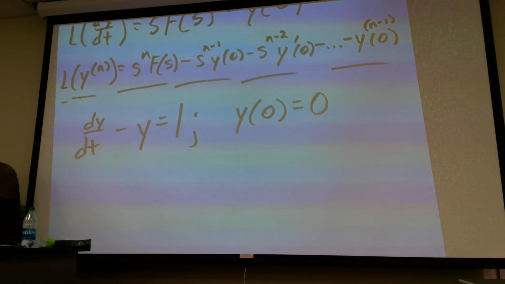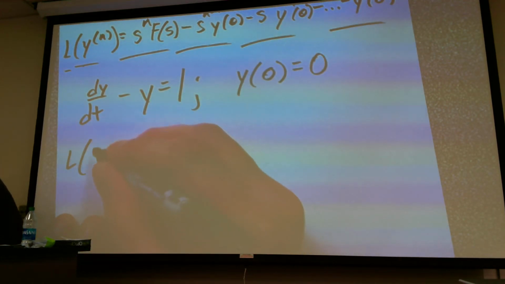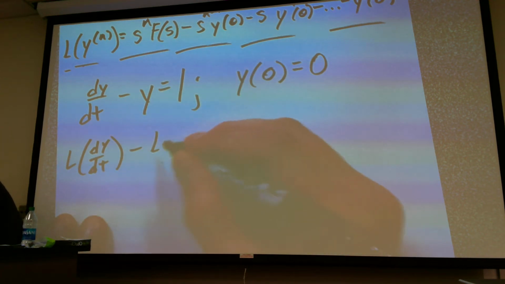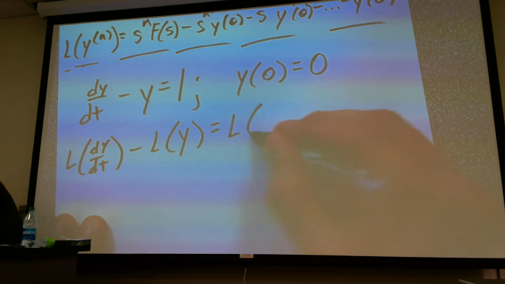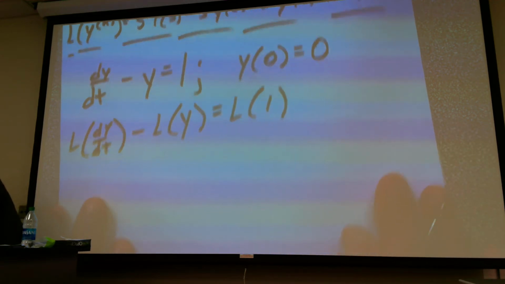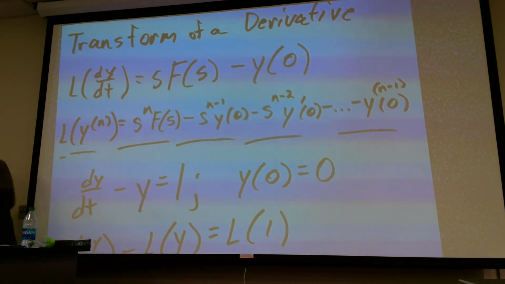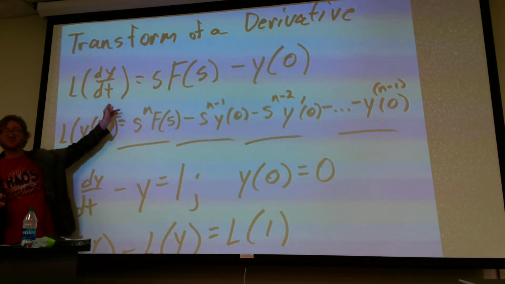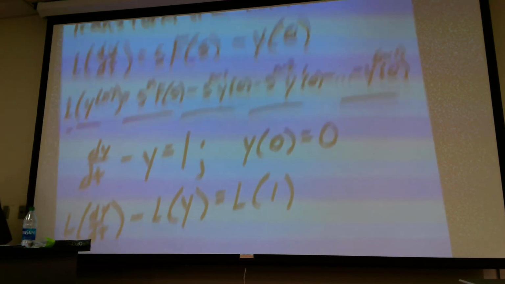Let's go ahead and perform the Laplace transform on all of these. You can see from up here that if I do the Laplace transform of just dy/dt, I'm going to get s F(s) minus y(0).